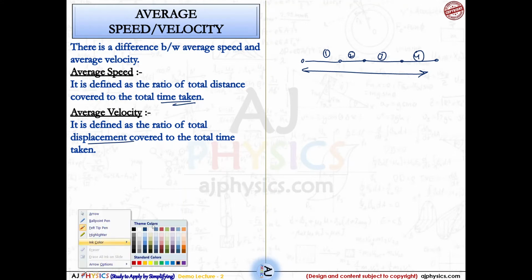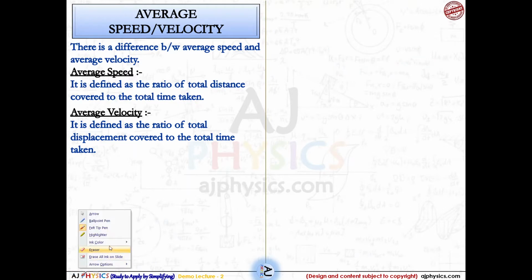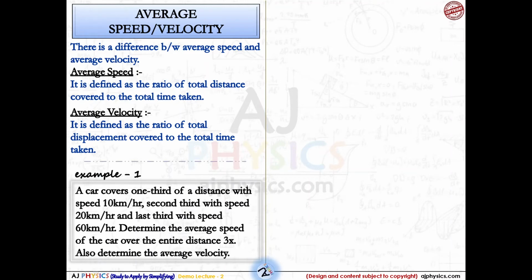Alright, now let's try to solve one problem and then we'll proceed further. Now check this, we have one third of the distance which is covered with this speed. So we can make three different intervals here.